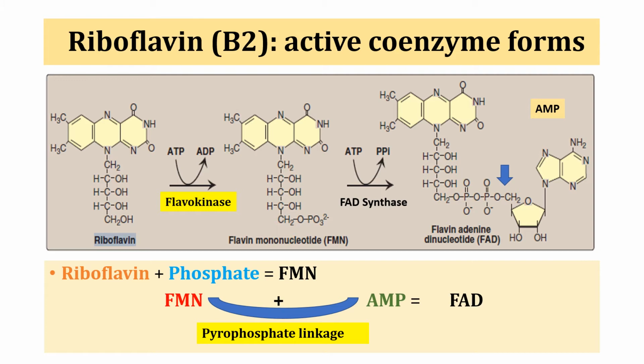Vitamin B2 is absorbed in the form of riboflavin. The conversion of riboflavin to its active coenzyme forms FMN and FAD takes place in cellular cytoplasm of most of the tissues, but mainly in the cells of intestine, heart, kidney, etc. There riboflavin is converted into FMN by taking one phosphate group which gets attached to ribitol, and here one ATP is utilized for formation of FMN in the presence of enzyme flavokinase.